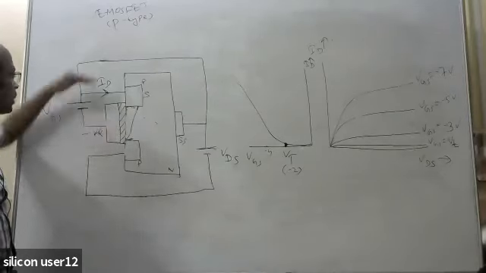Complementary MOSFET is a technology, a process which is used to design a particular circuit. There we combine one PMOS and one NMOS. Combining this PMOS and NMOS, we can create a circuit which will work for a particular function. That process is called complementary MOSFET. Why it is called complementary, we'll also see.